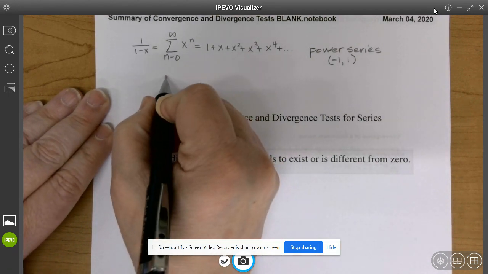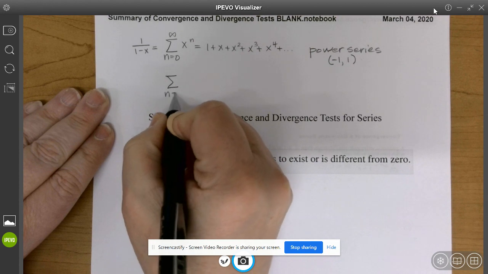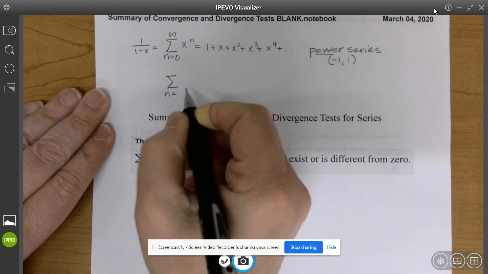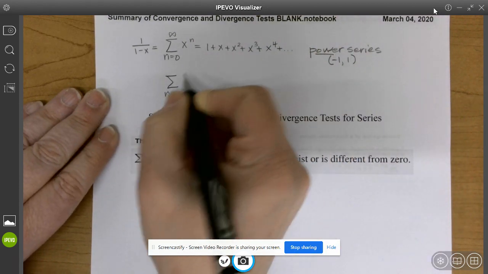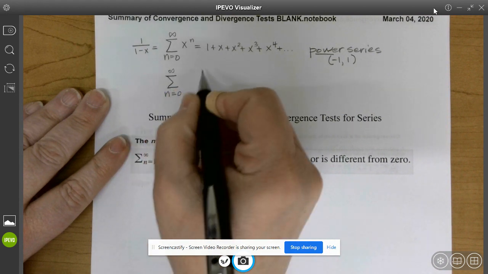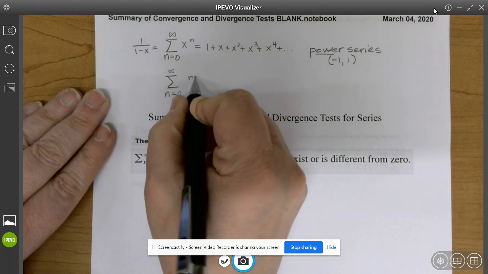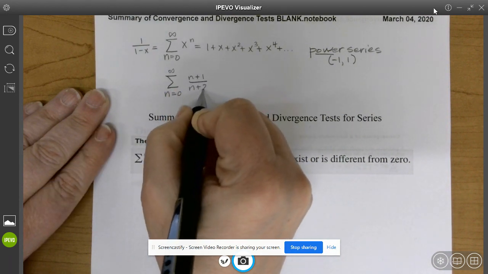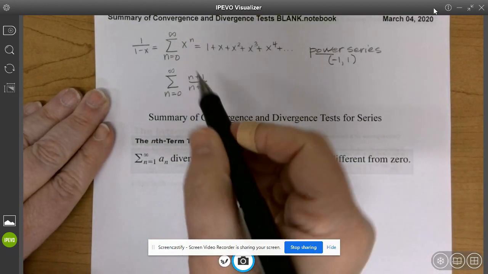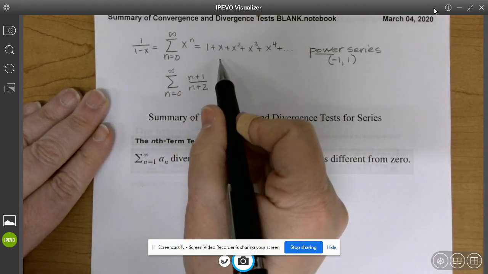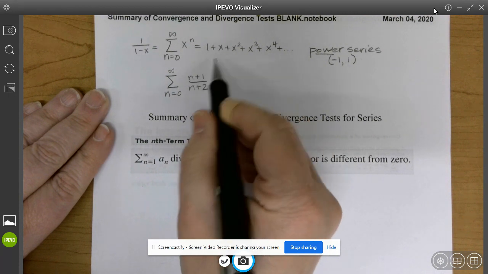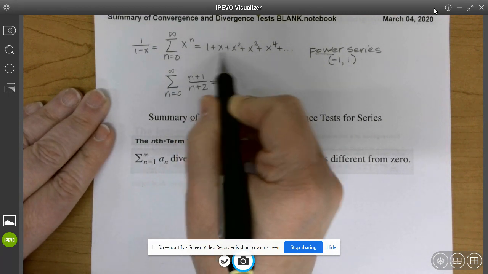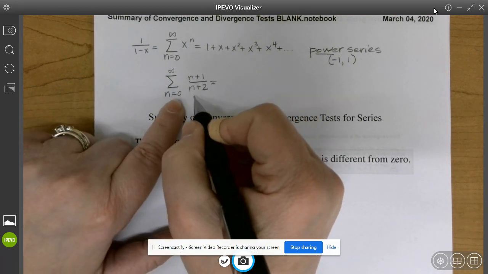All right, well, there's another kind of series besides a power series, which is the sum from n equals 0 to infinity of n plus 1 over n plus 2. You'll notice that this is not a power series because it doesn't have any x in it. So let's see what happens when I plug in 0.